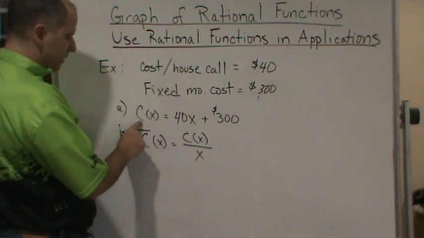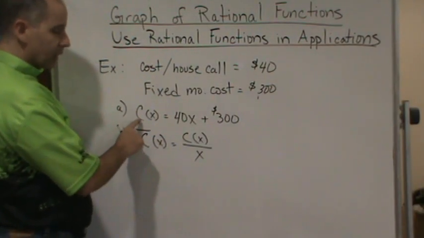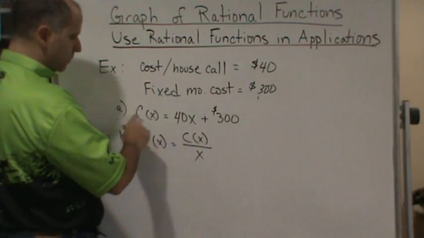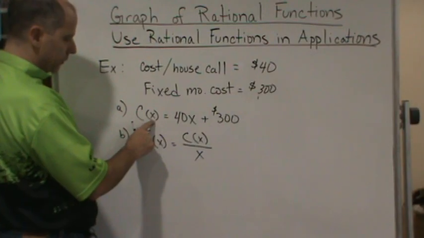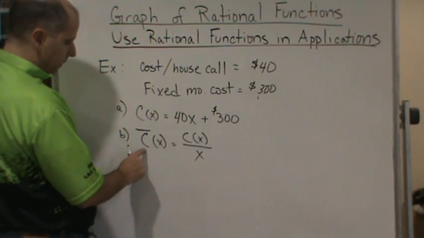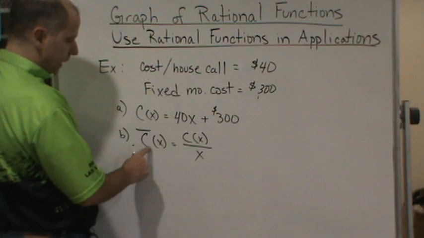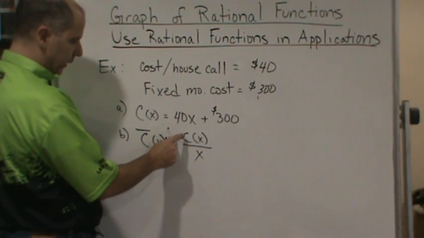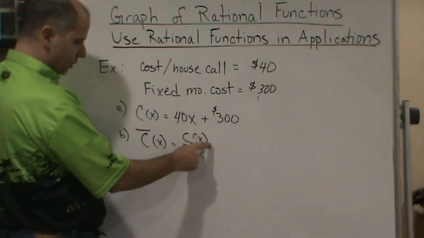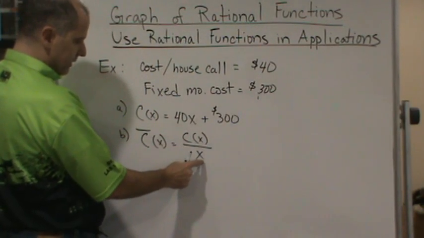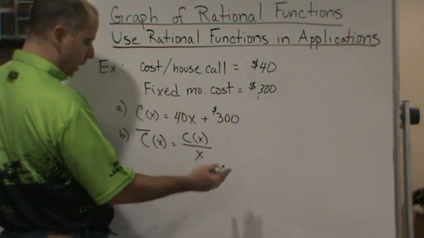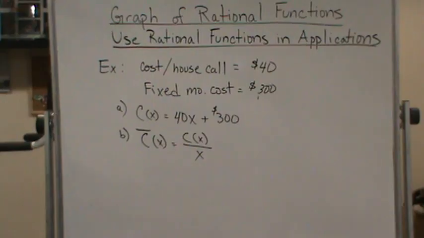Part A, this is the cost for each cleaning based on the number of house calls, right? So the cost to the company is based on the number of house calls. The average cost function is based on the cost function, what it costs to do the cleaning for each house. But then we're going to take this and divide it by the total number of house calls per month to come up with an average cost per house call.